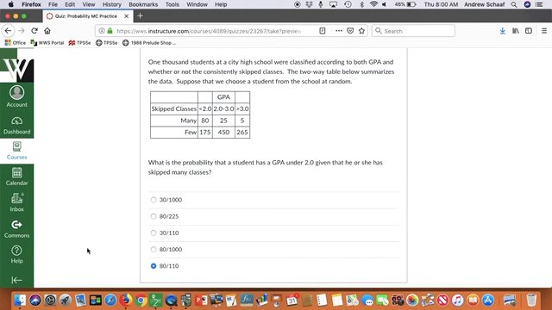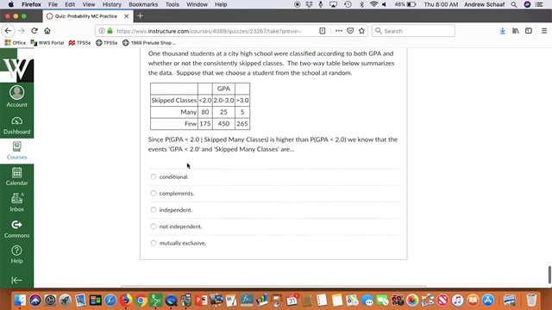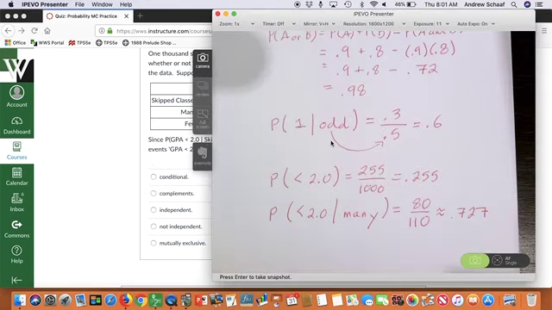The reason I wanted to do that involves the last question. I know the probability of a GPA less than 2, given that they skipped many classes, is higher than in general the probability of a GPA that's less than 2. Actually, it's quite a bit higher. If you've skipped many classes, the probability of a GPA less than 2 is about 73%, 0.727. Overall, the probability of having a GPA that's less than 2 is only 25.5%, only 0.255.